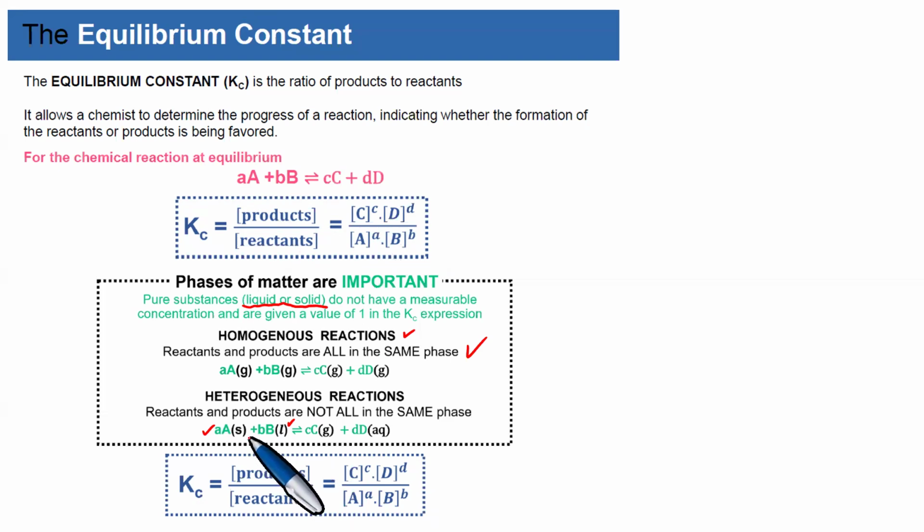When would this concentration be 1? In the heterogeneous reaction case, for example. So you'd have that A is a solid, so its concentration is 1, and B is a liquid, concentration is 1. Meaning that you are saying concentration of products over reactants, the reactants in the denominator will have concentration of 1.